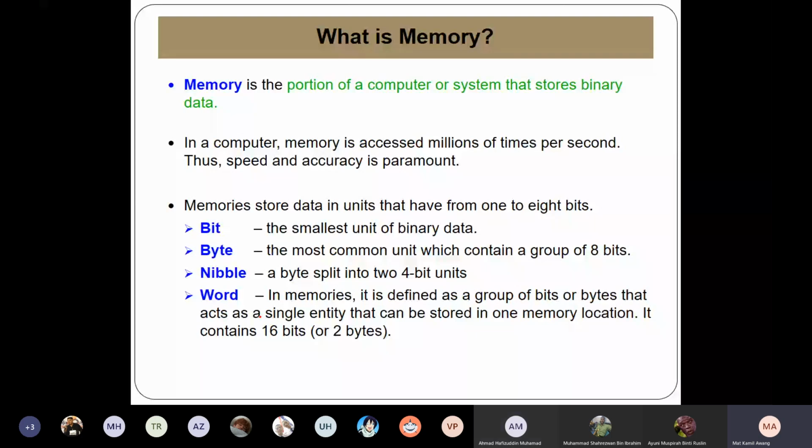Okay, in a computer, memory is accessed millions of times per second. Thus, the speed and accuracy is paramount. So that's why when you buy a computer, you ask, what is the speed of the computer? How many gigahertz?